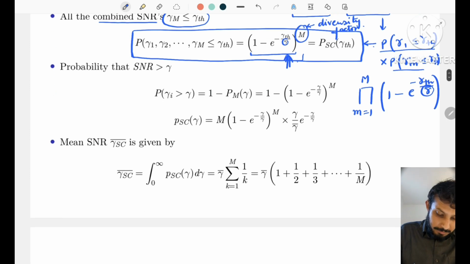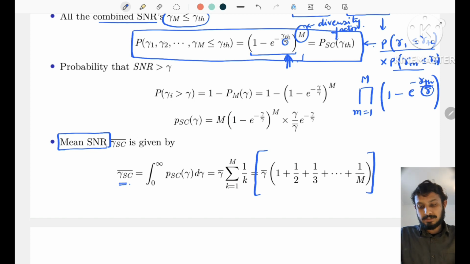And also we computed the mean SNR in case of selection combining, and we have seen that the mean SNR is equal to gamma bar multiplied with the summation over all the elements at the receiver.